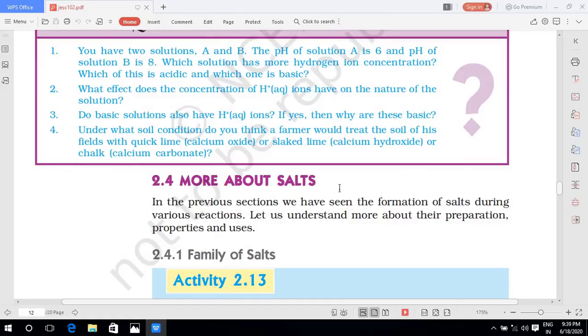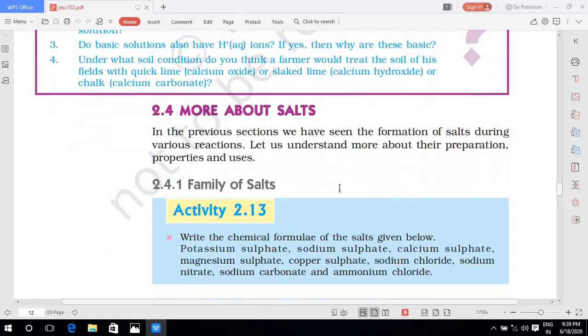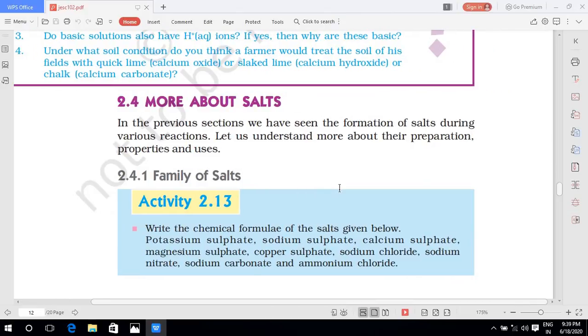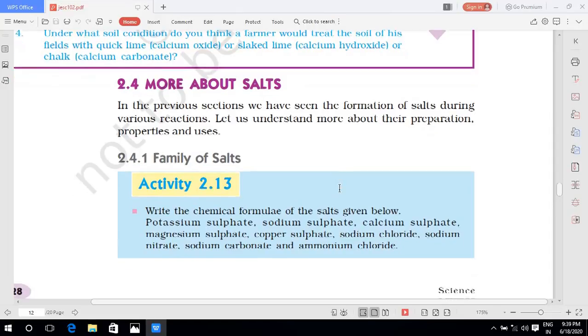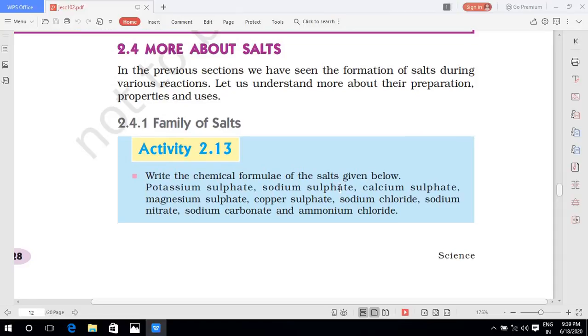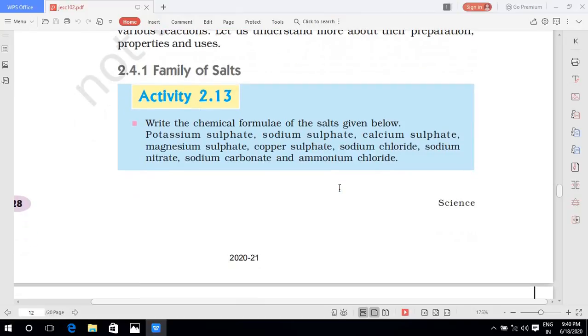We have another topic that is more about salts. What are salts? We will learn about these salts. Now when we say salts, we really mean the common salt that we eat every day, the table salt. But it's not just that salt. We have so many other salts, such as copper sulfate, sodium nitrate, sodium carbonate, in addition to the well-known sodium chloride that we eat every day.